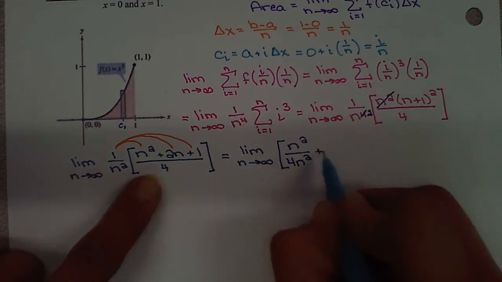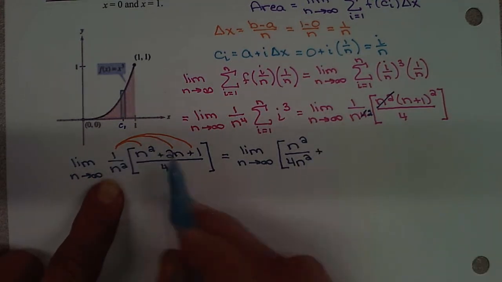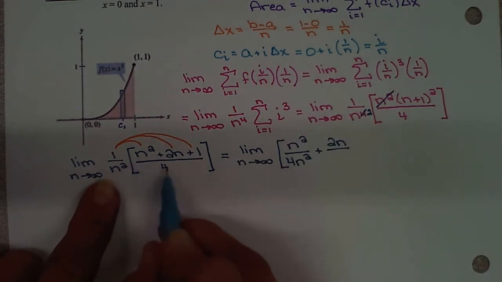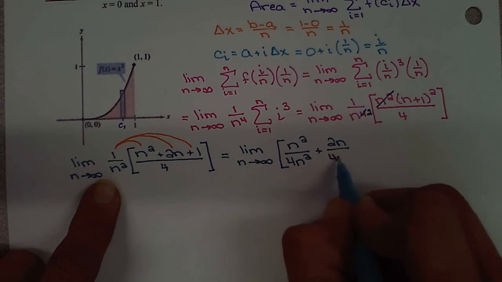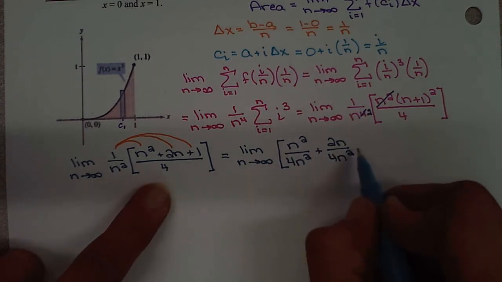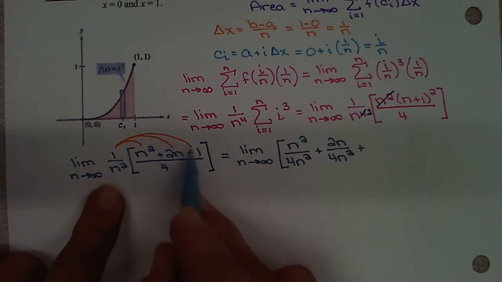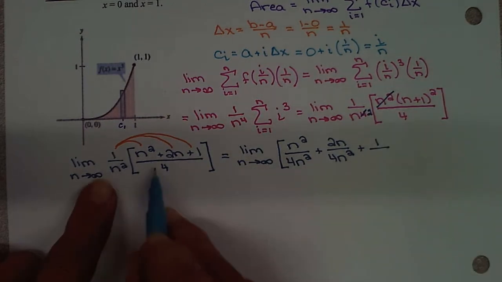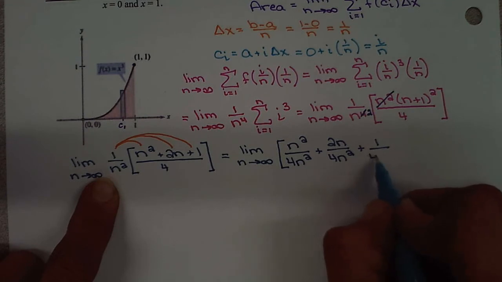Then I have a plus 1 times this 2n is going to make a 2n on top. On the bottom, n squared times a 4 makes a 4n squared. And then the last one, this 1 times this 1 is a 1. This n squared times this 4 makes a 4n squared.